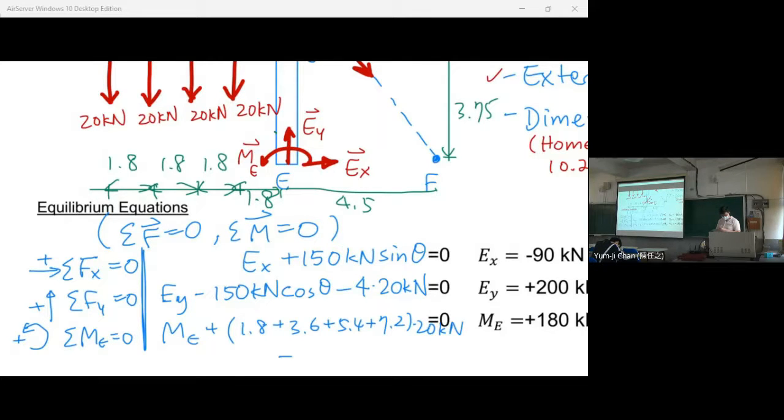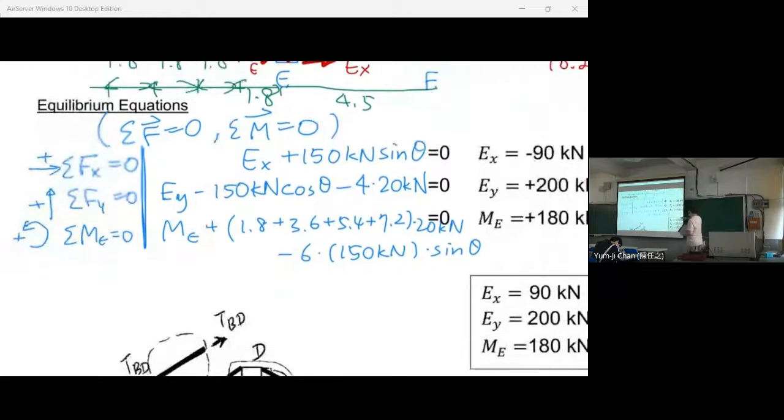And then it should be something like this. Go home and check it. And remember, one of them is positive, and another is negative.